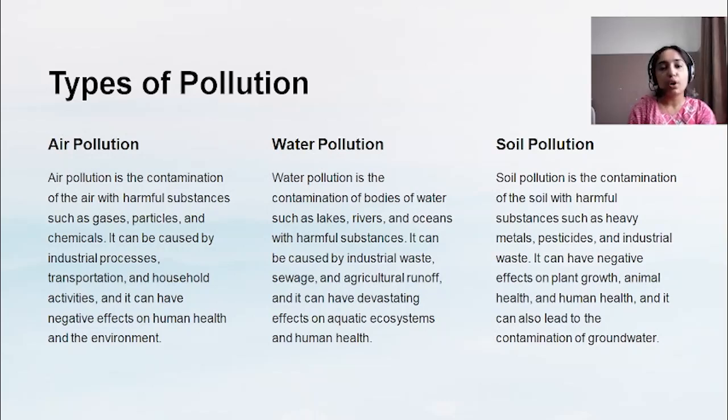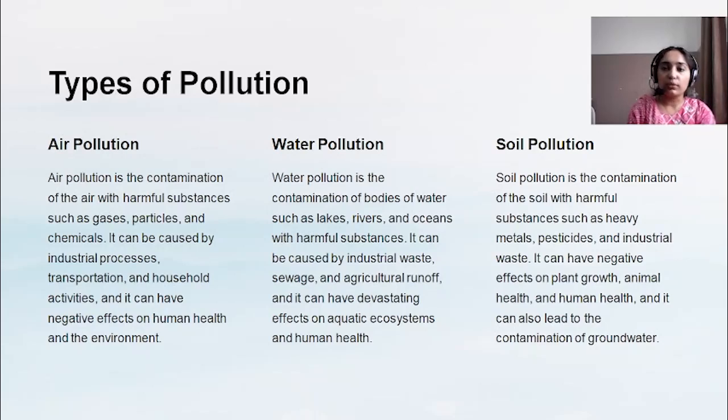When water bodies such as lakes, rivers and oceans are contaminated, and harmful chemicals are released into these water bodies, it is known as water pollution. It can be caused by industrial waste, sewage, and agricultural runoff, and it can have a devastating effect on aquatic ecosystems and human health.